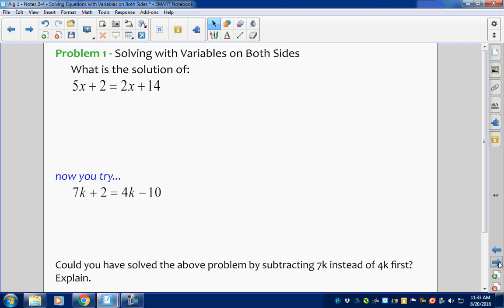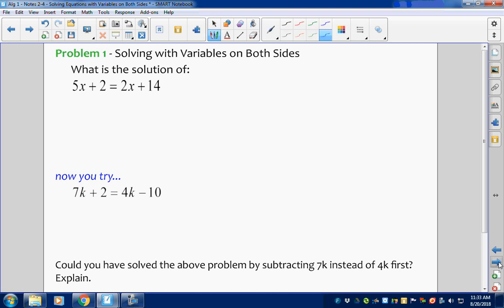All right, so here's an equation. It has variables on both sides. There's different things you could do here. I like to deal with the variable first. There's no parentheses. There's no like terms on separate sides here. 2x and 14 are not like terms, you can't combine them. 5x and 2 are not like terms, you can't combine them. So I'm going to deal with the x here.